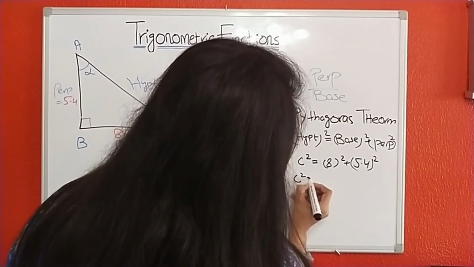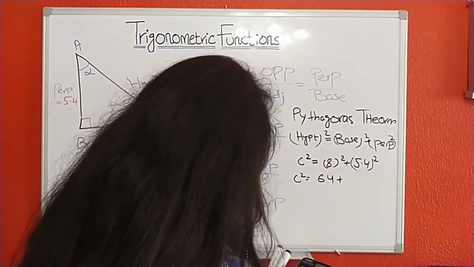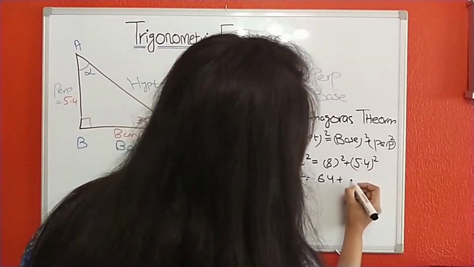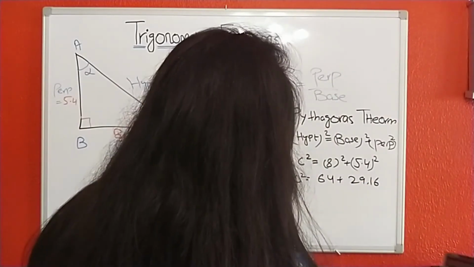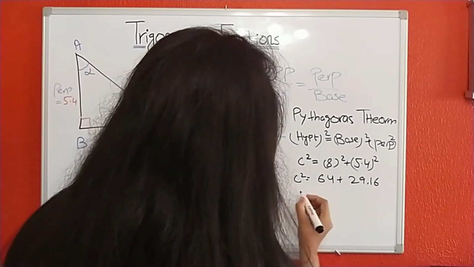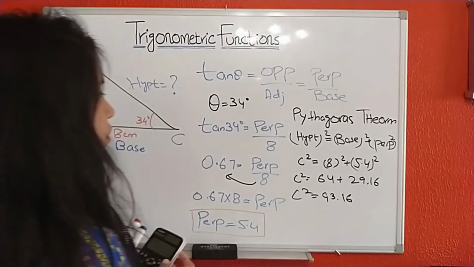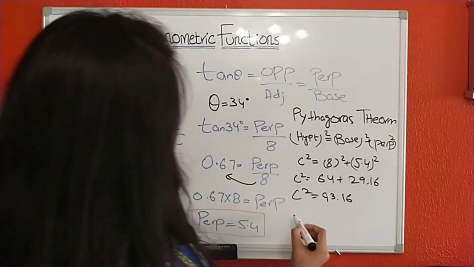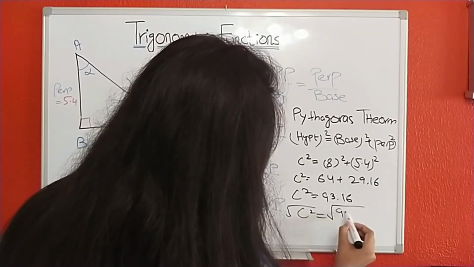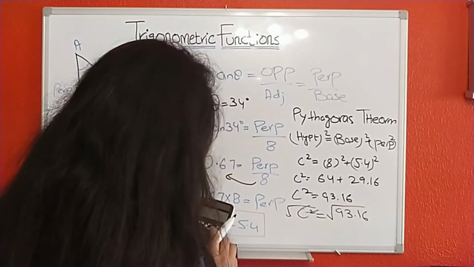So c square is equal to 64 plus, and the square of 5.4 is 29.16, and I am adding it. It will become 93.16. Now to cancel the square, I am applying root here. Root c square is equal to root 93.16, so these both will cancel out.